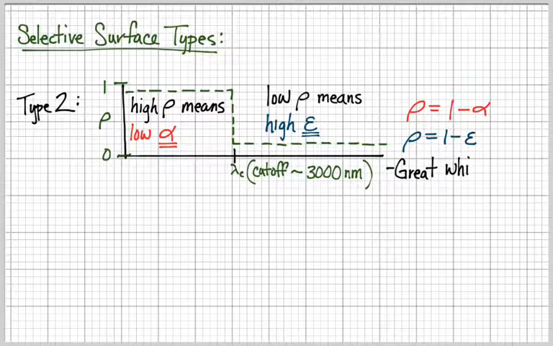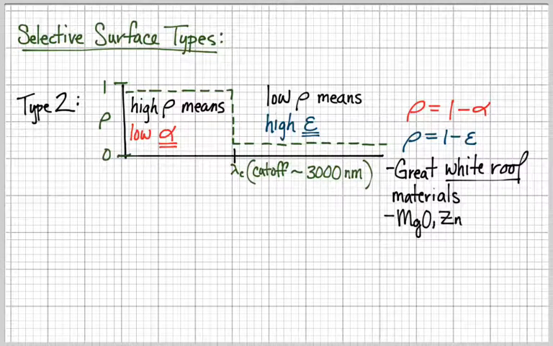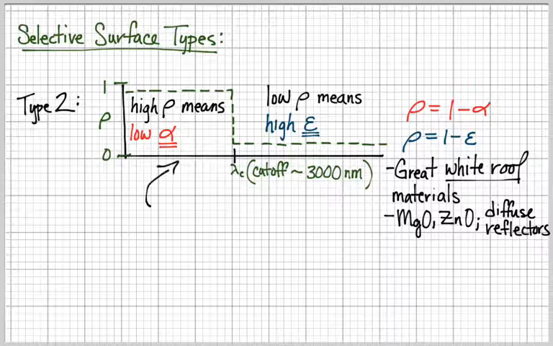What do we have here? Well, we have a great white roof material. This is all the zinc oxides, titanium dioxides, magnesium oxides that would go into the paints and polymers for a diffuse reflector for cool roof technologies.